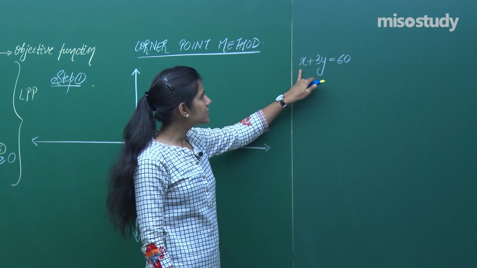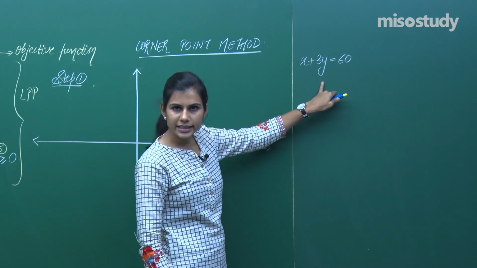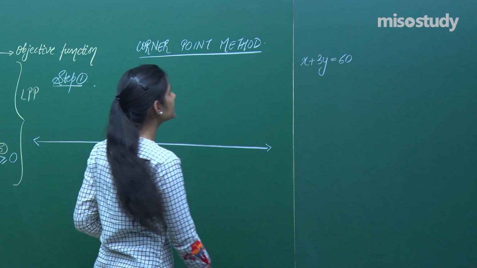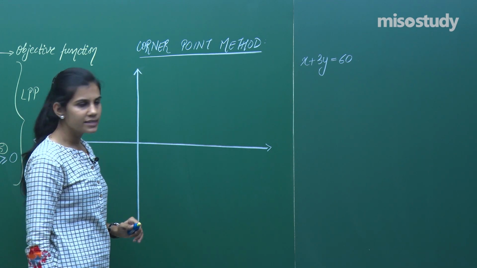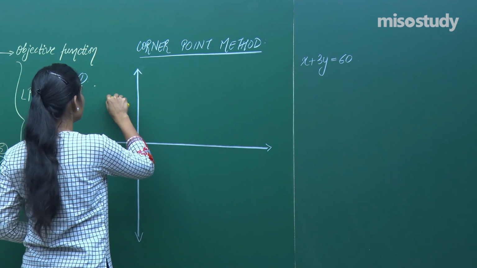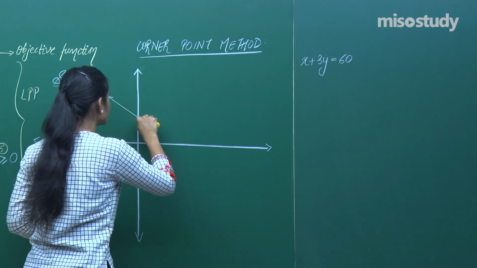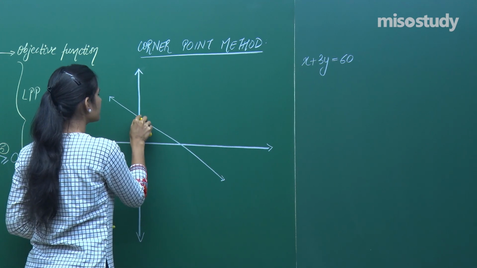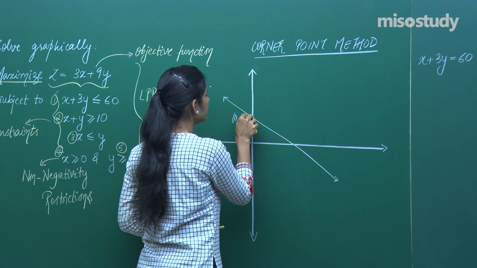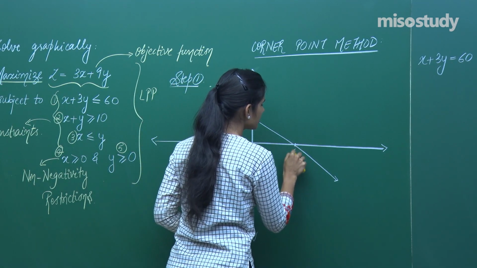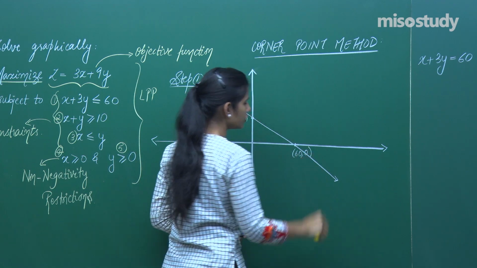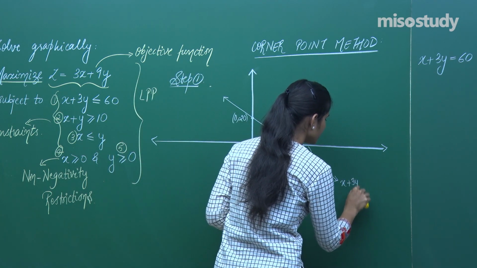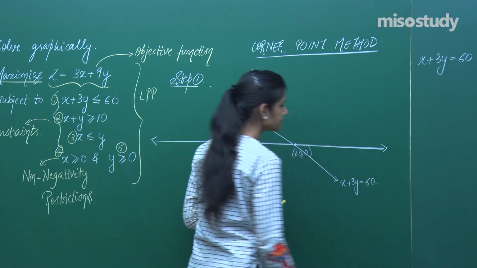When x is 0, y is 20. When y is 0, x is 60. So, you will be getting a straight line somewhat like this. This point is (0, 20) and this point is (60, 0). And this is my straight line x plus 3y equal to 60.